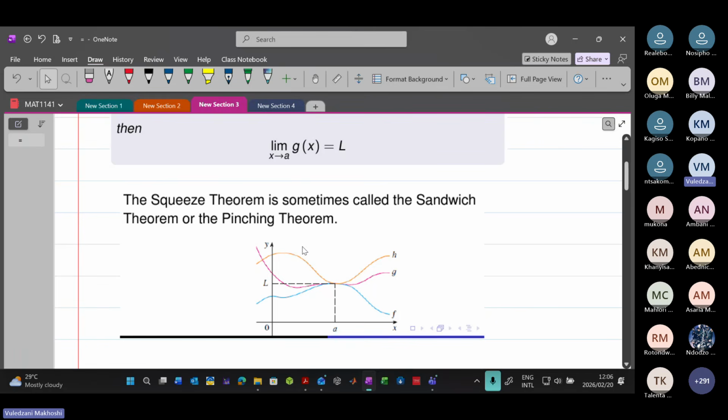So graphically, this is what we have. We have our function h of x, our function g of x, and our function f of x. g of x lies between h of x and f of x.